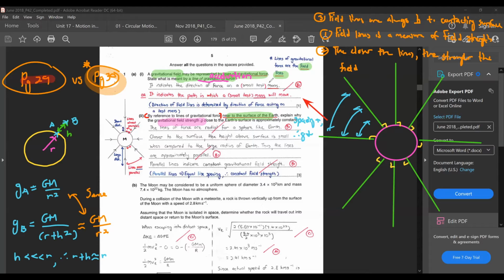But here, the question is really just asking you one particular thing. Near the surface of the Earth, meaning to say you're really considering only a small change in height above the surface. Let's just say, for example, you are really considering just this small h when compared to the large radius of the Earth.